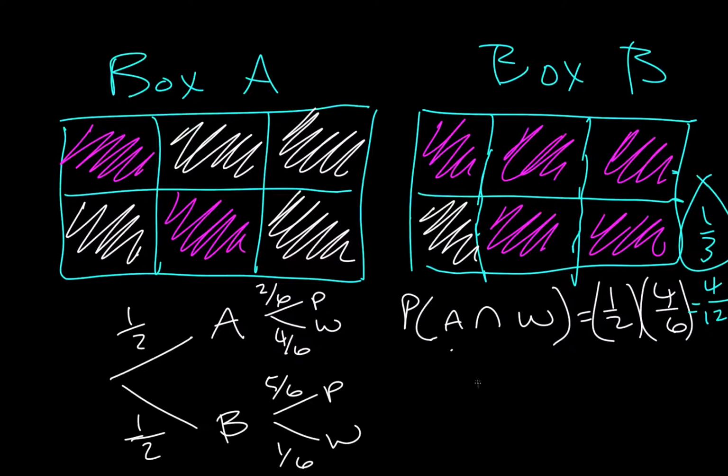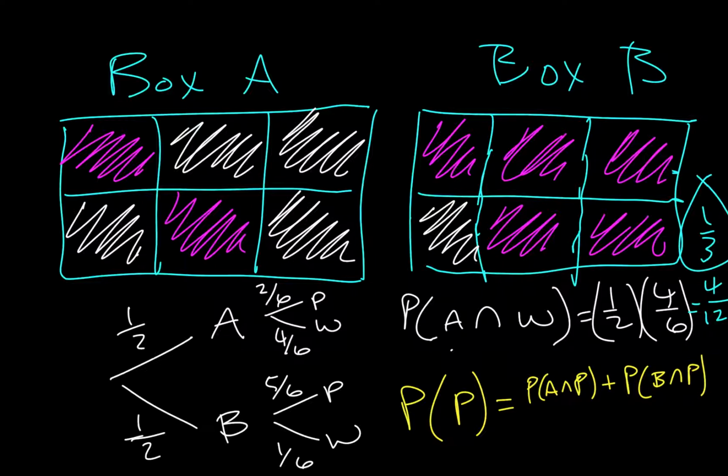The next question says, has purple flowers? So basically just probability of purple. We're going to have to find the probability that we are in A and have purple, and then add it to the probability of B and have purple. Written out, it's probability of A intersect purple plus probability of B intersect purple.